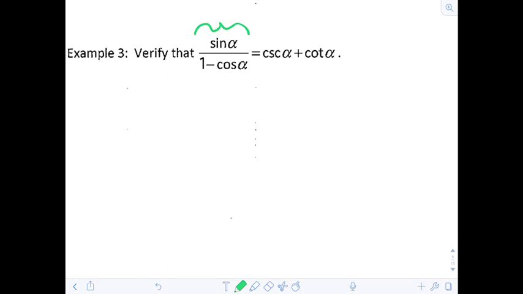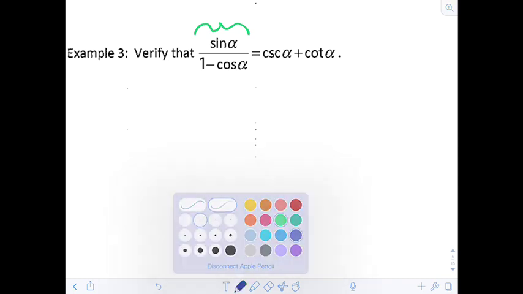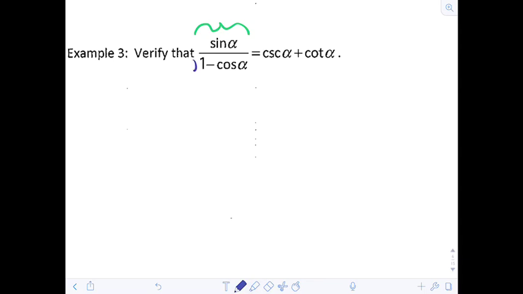So what I'm going to do, again, I see 1 minus cosine of alpha. And you're going to see, hopefully quickly, when I start to use those conjugates, that they turn into Pythagorean identities that I can use. So I'm going to multiply the top and the bottom by 1 plus cosine of alpha.